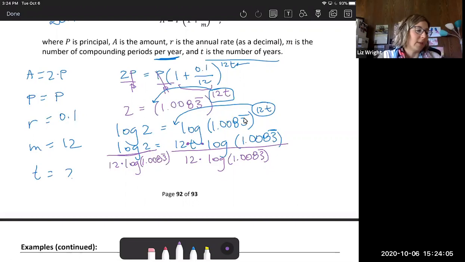So I'm going to try that and make sure that process even works. I'm going to do 2, and then I'm going to hit the log button, and then divided by, and then beginning parentheses. Oh, I think I forgot to tell you close parentheses. So beginning parentheses, and then 12 times 1.00833333, as many 3's as will fit.